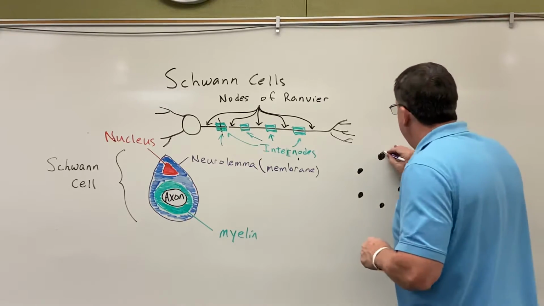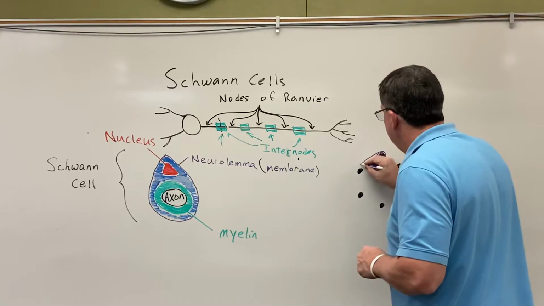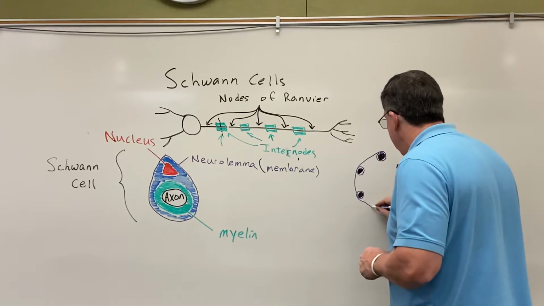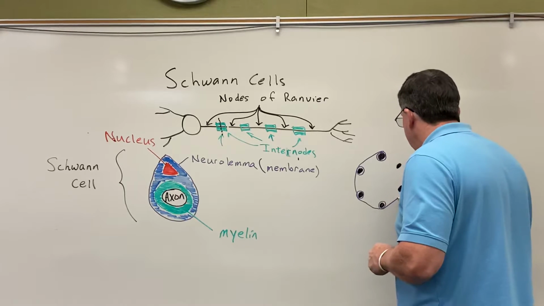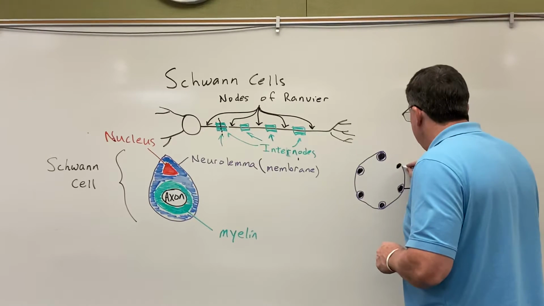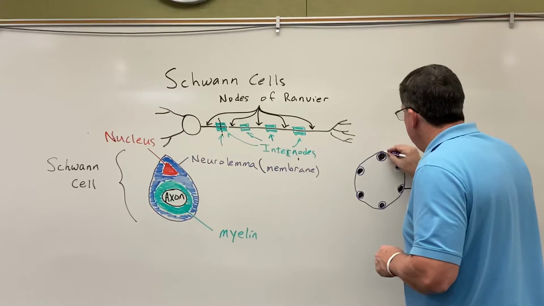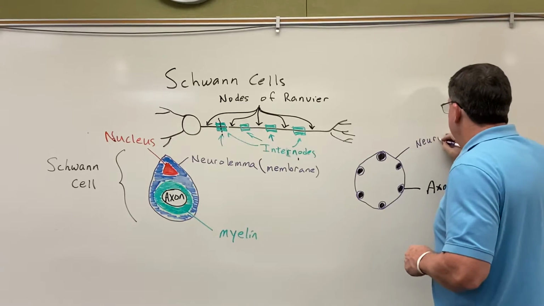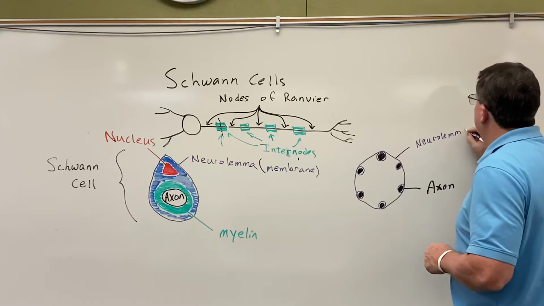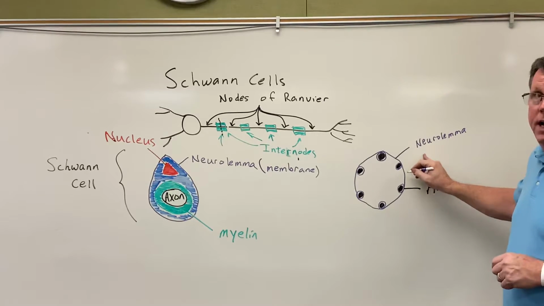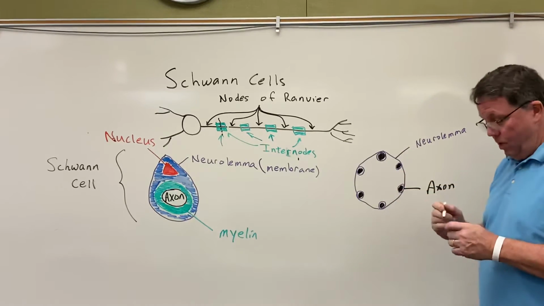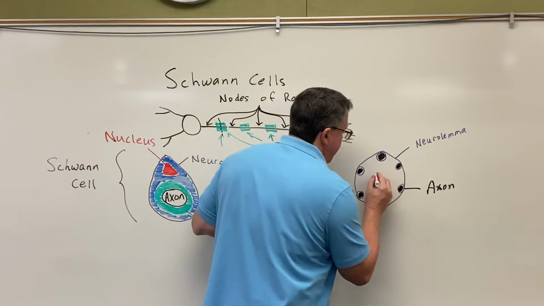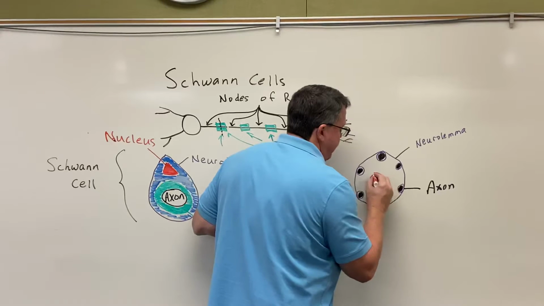But here's the thing, okay, so this is now still my neurolemma. Okay, so I still have my neurolemma on here. All right, so I still have my Schwann cell membrane. This is still going to be a Schwann cell. Let's draw my nucleus in the middle. All right, so I still have the nucleus in the middle of this.